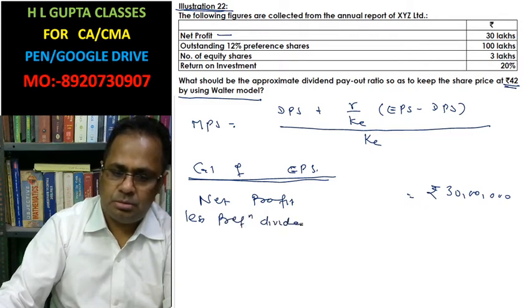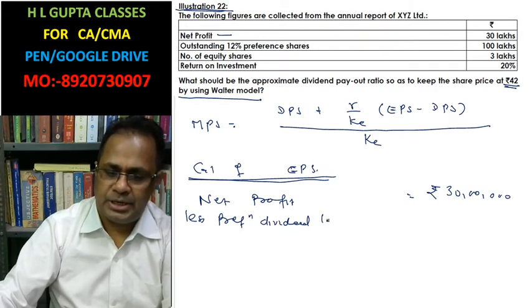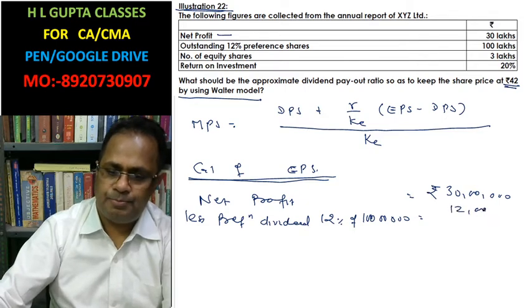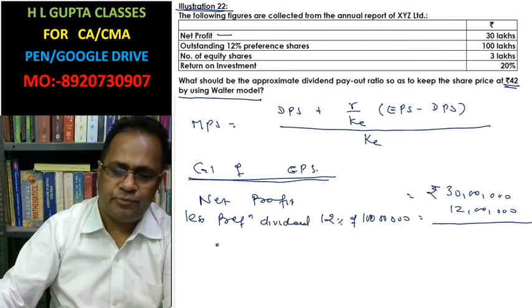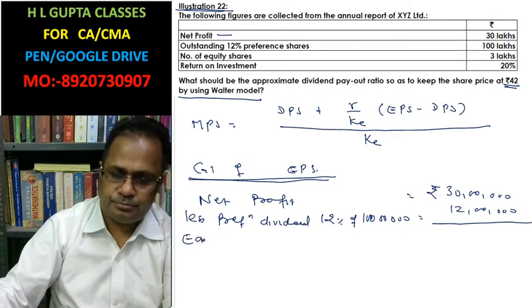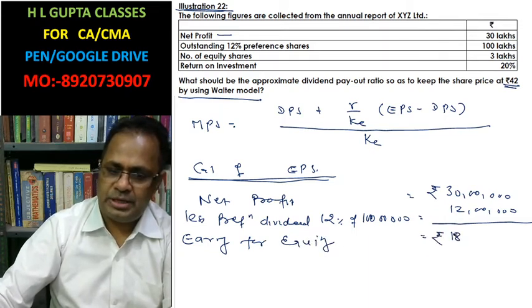Preference dividend is 12% of 100 lakh, this is 12 lakh. Now it is the earning for equity, rupees 18 lakh.